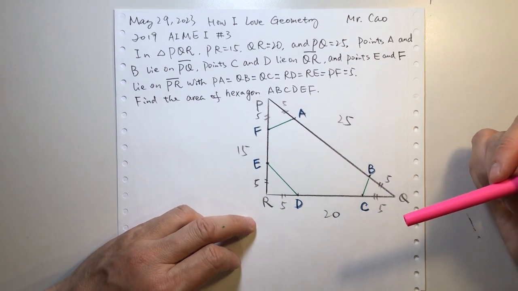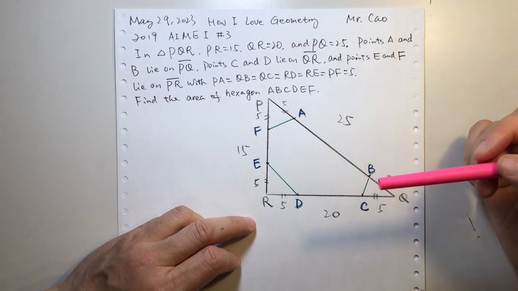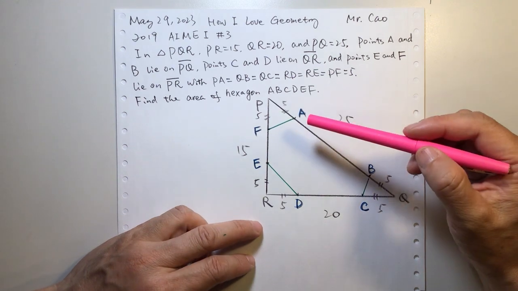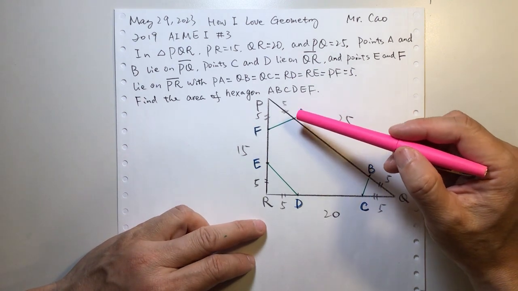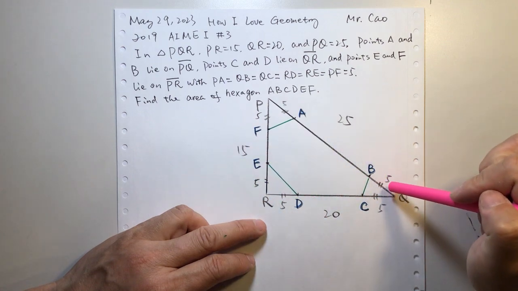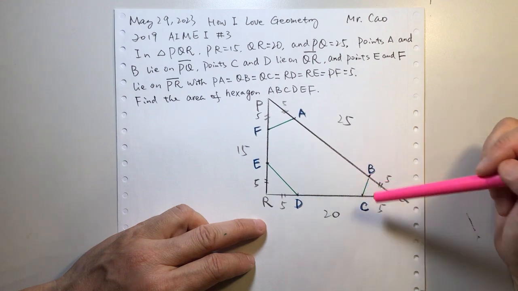So this problem is really not hard because we can easily find the idea. Because we have the 3 sides of this large triangle PQR, we can find its area.